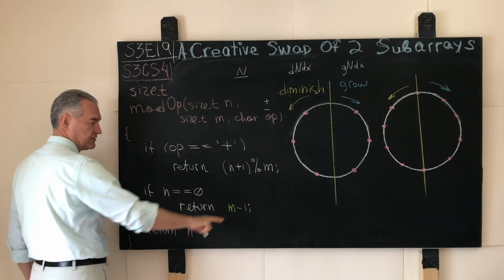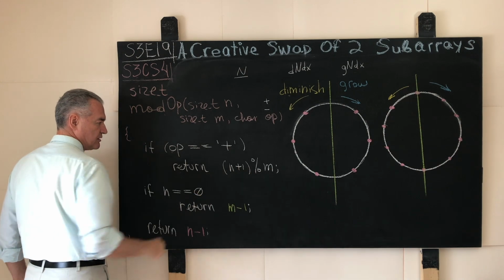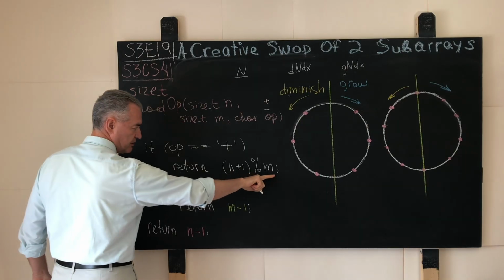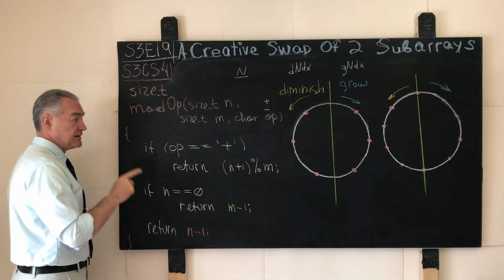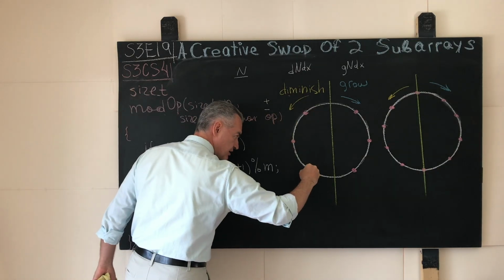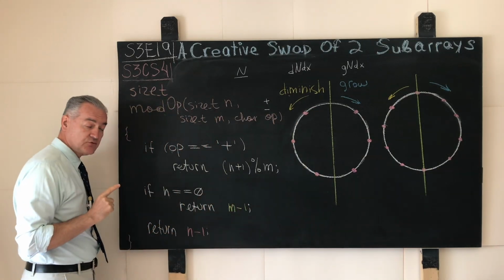That's it. This is straight from the number theory book. Everything is beautiful because this is the cyclic increment. Now, if the operation we're asked to do is to diminish the index cyclically, here we have to be careful.